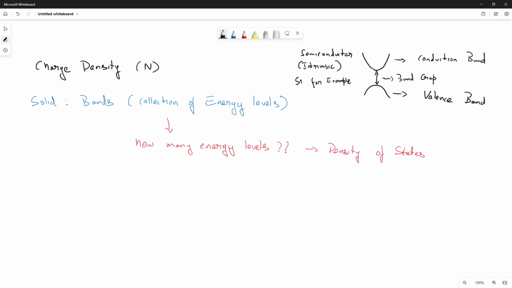At a finite temperature, how does the electron move from the valence band to the conduction band? Is it deterministic or does it happen randomly? When I say thermal excitation.